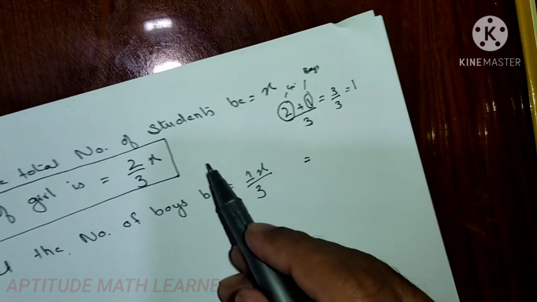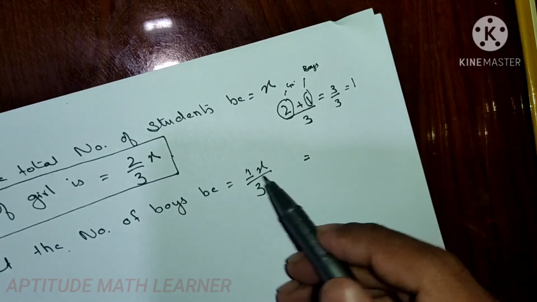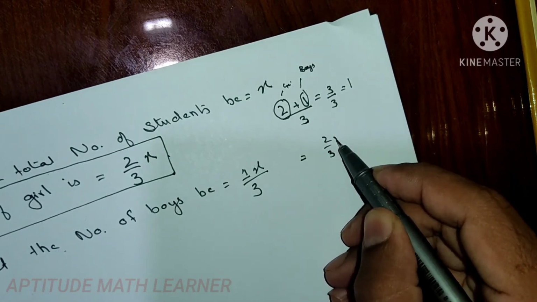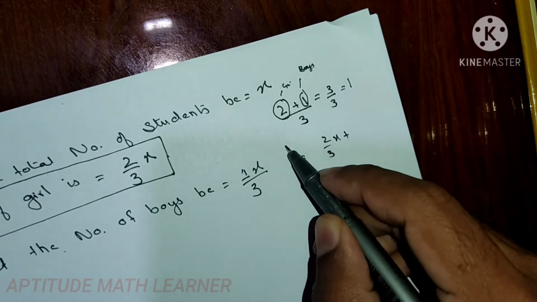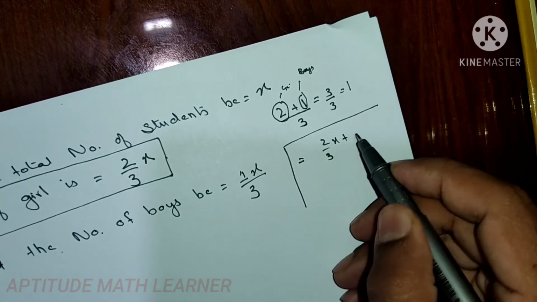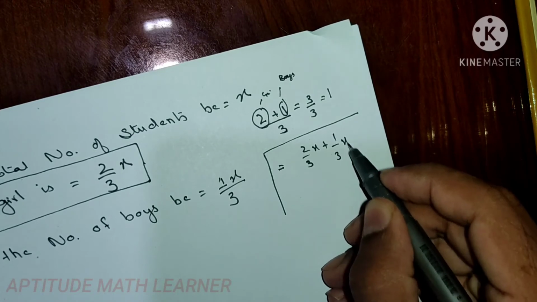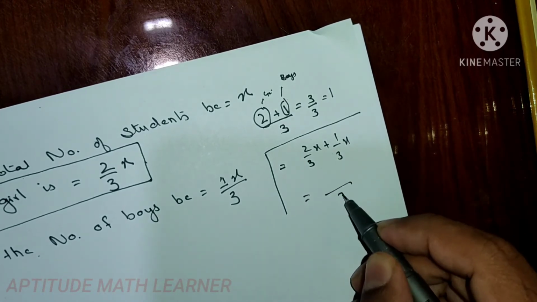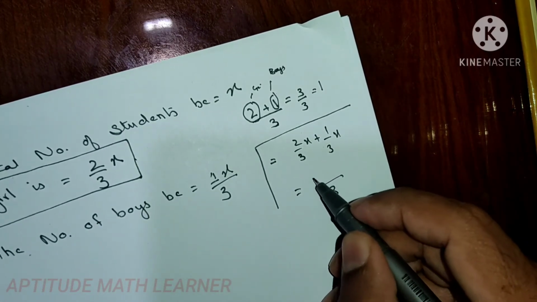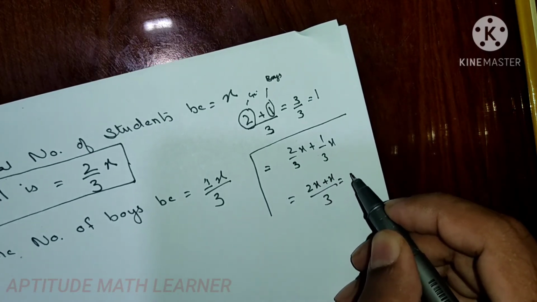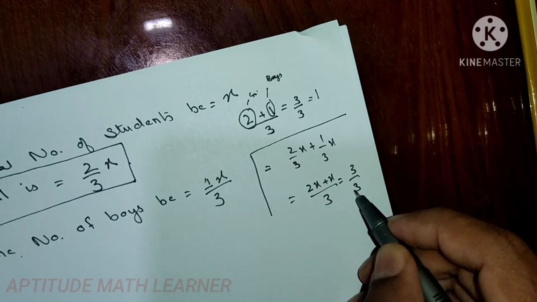If we add these two, 2/3 x plus, just for understanding, for rough work, for boys 1/3 x, we get 3/3 x, and the 3 and 3 cancel: 2x plus x is equal to 3x upon 3.